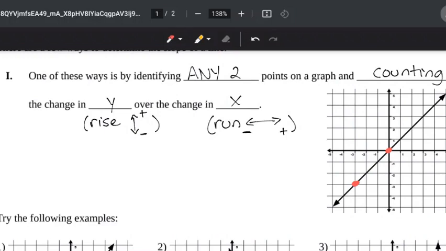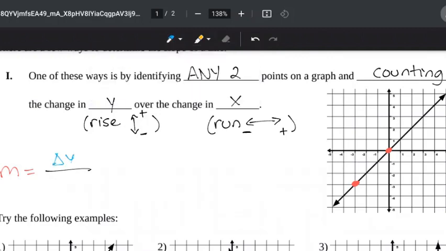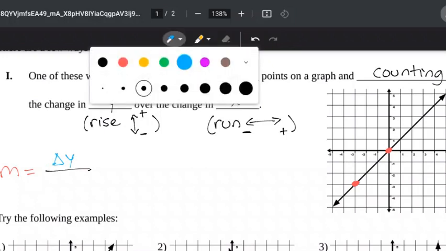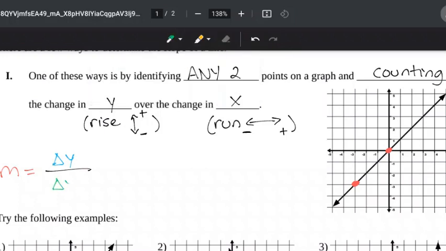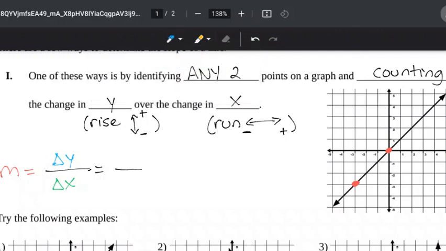And now I'm going to count, and we're going to look for our slope, our m, which again is the change in y, or the rise, over the change in x, which is our run. Okay, so now we go to our graph and we count. It does not matter which point we start at, we just need to count our rise.